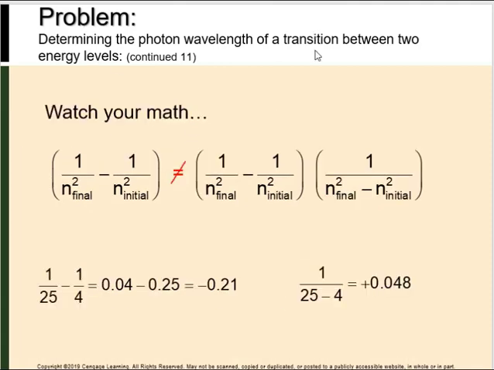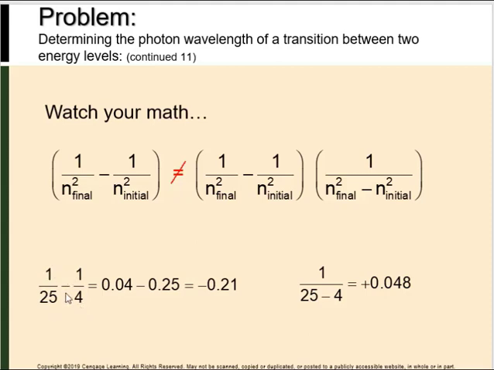And E is positive because it is absorbing energy. Be careful and don't try to cheat, because 1 over n squared final minus 1 over n squared initial is not equal to 1 over n squared minus n squared. Don't do that. For example, if we took that 5 and 2 from earlier, 1 over 5 squared is 1/25, 1 over 2 squared is 1/4.